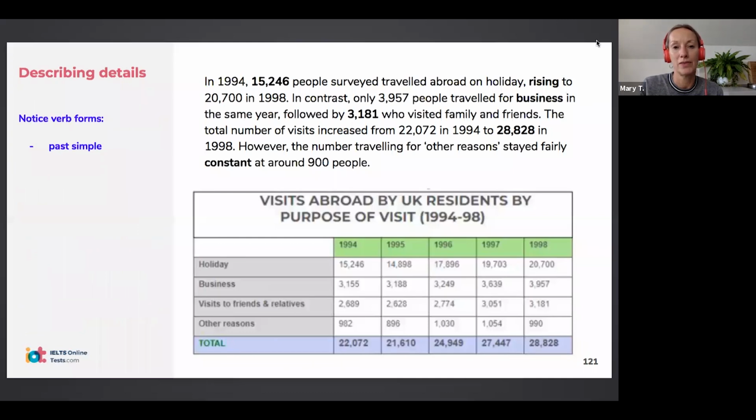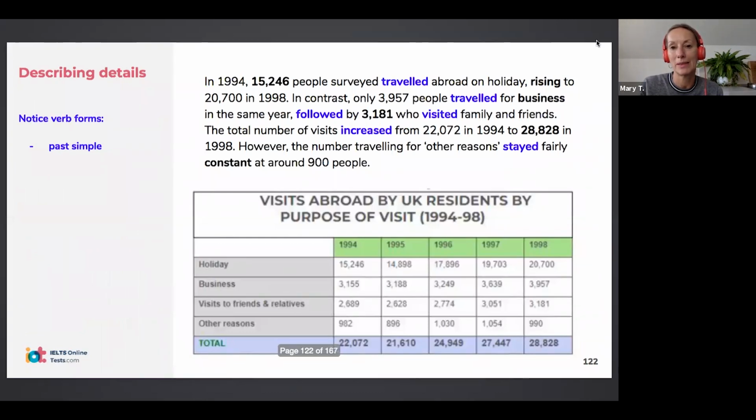So looking at the verb forms, as you can see, past simple: traveled, followed, visited, increased and stayed. We've got verb plus ing for extra information, as I pointed out, the word rising. Language for describing changes as well: rising to, increased from and to, and stayed fairly constant at.